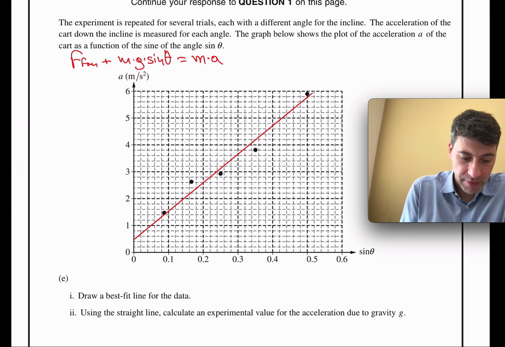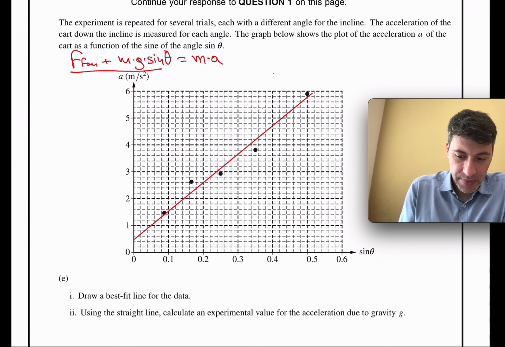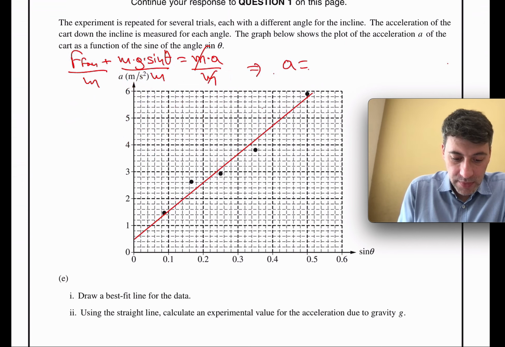So I'm going to divide over m here, over m here, over m here, and we get that the acceleration is equal to g sine theta plus force by the fan divided by mass.